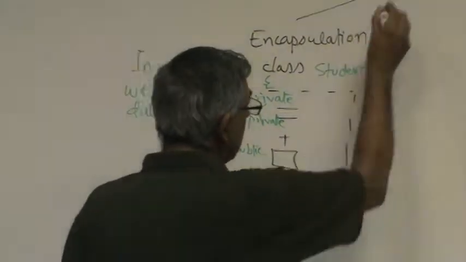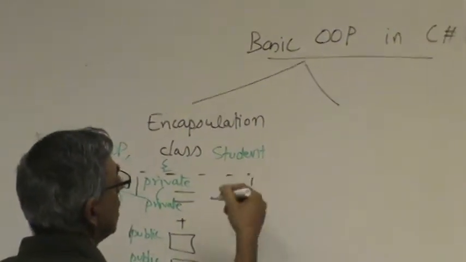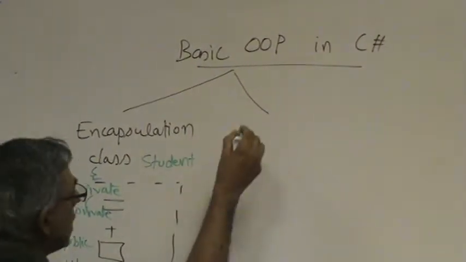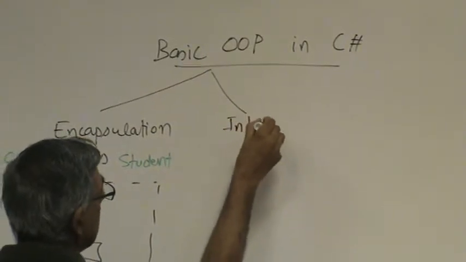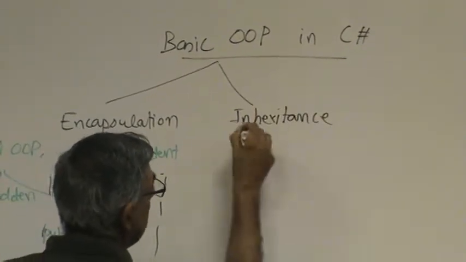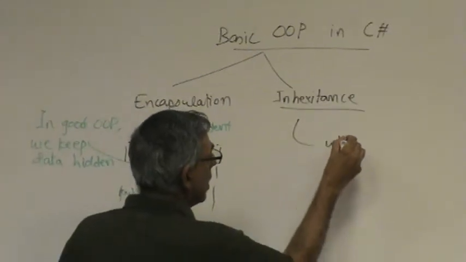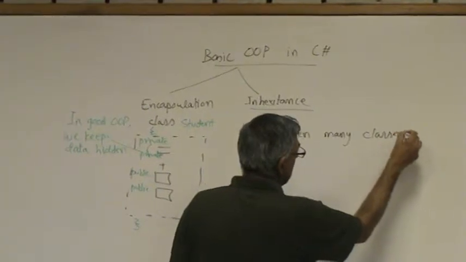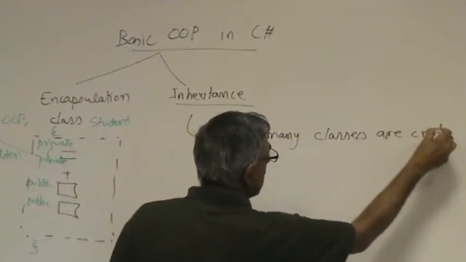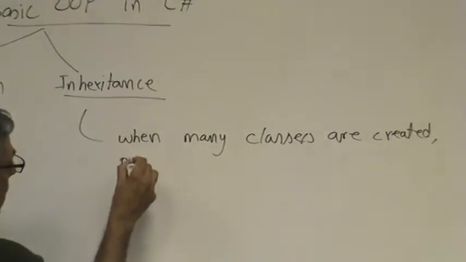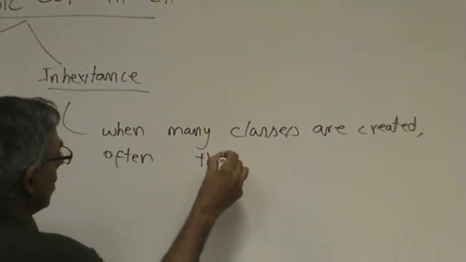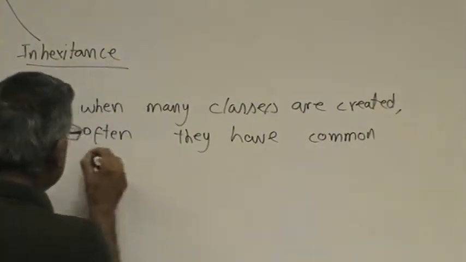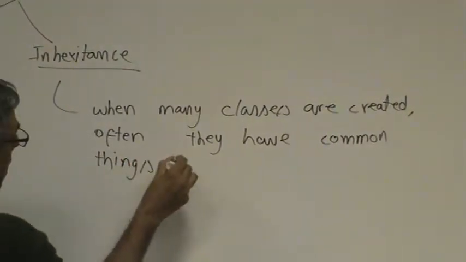Okay, so when we are creating a large application, we don't just create one class, we create many classes. So this is where the inheritance comes into play. So inheritance, basically, when many classes are created, often they have common things in between them.